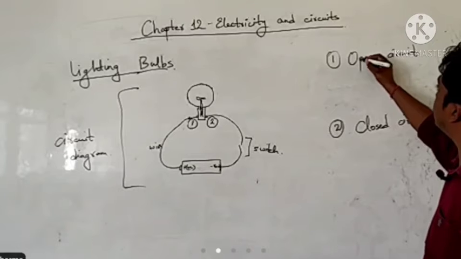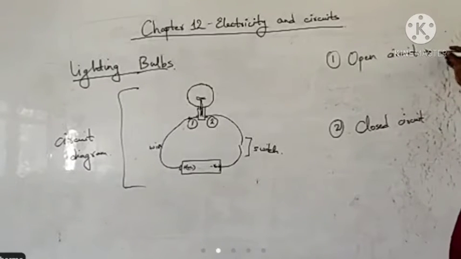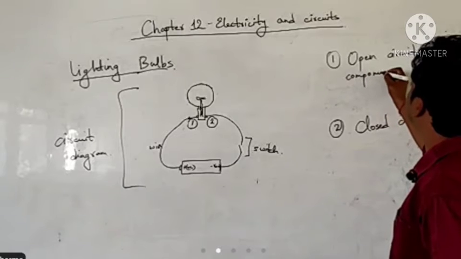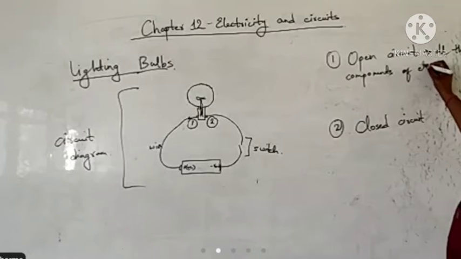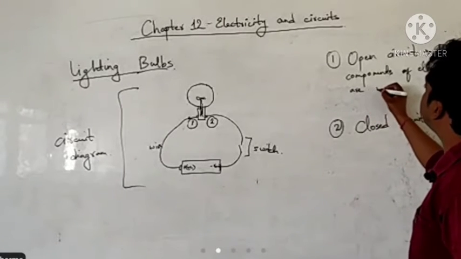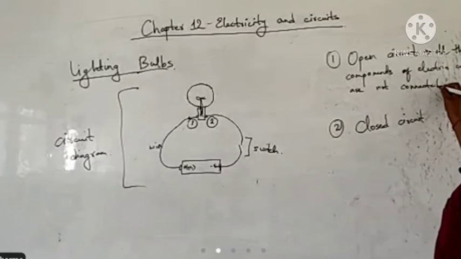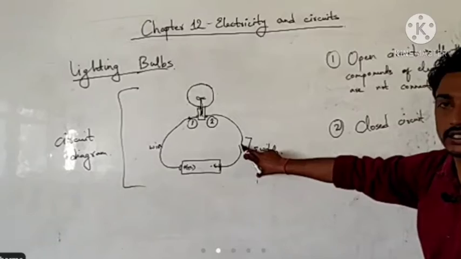In an open circuit, all the components are not connected. The components of the electric circuit are not connected. Or we can say the switch is not connected.